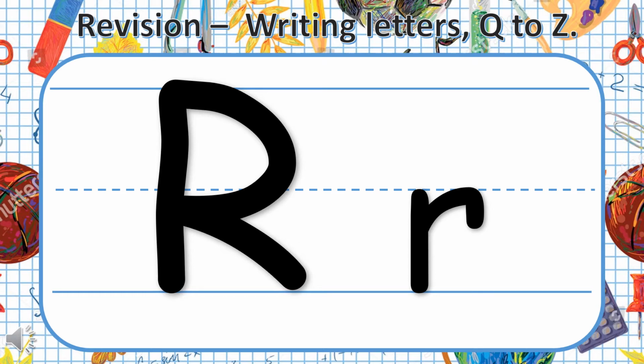Now we're going to do the letter R, and we're going to start with the uppercase R. So we're going to take our pencils on the top line, and you're going to draw a straight line all the way down to the bottom line.